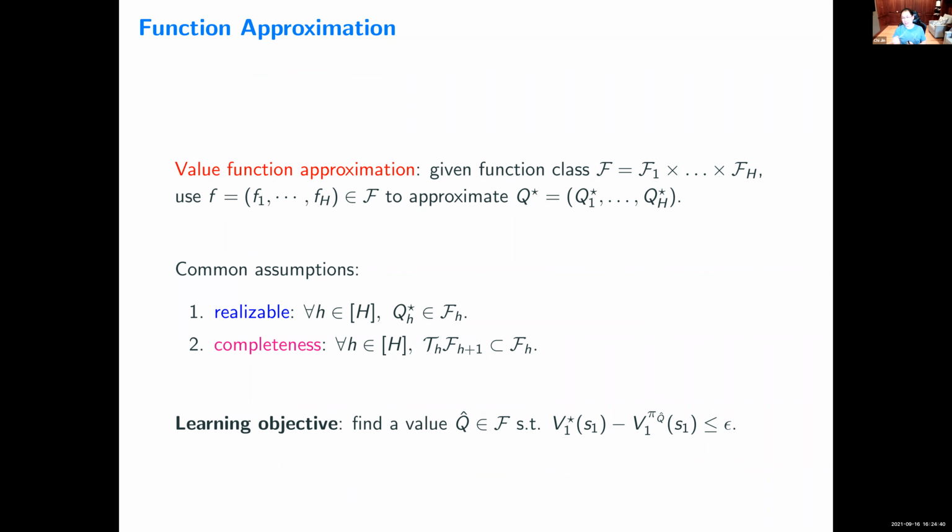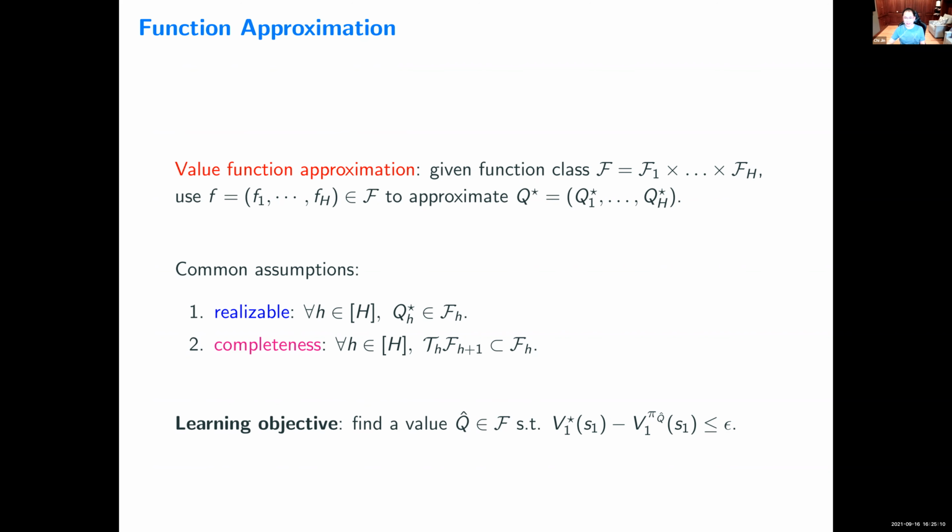How to take action by looking at this function: I have the value function, which is a function of both S and A. If I'm currently at this state, assuming the action set is finite, I look at all the values for this current state. For example, if I have A values, I look at the maximum one and take that action. So it's a greedy action. That means each value function corresponds to a greedy policy.